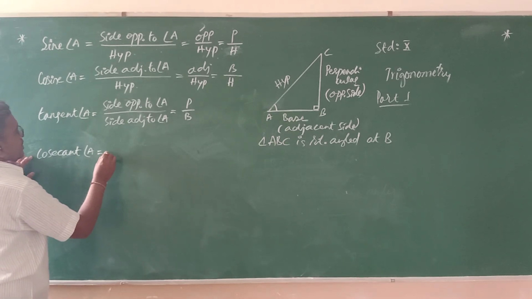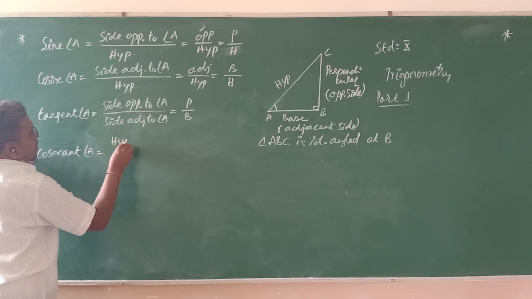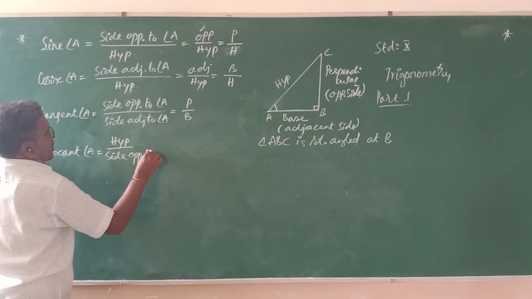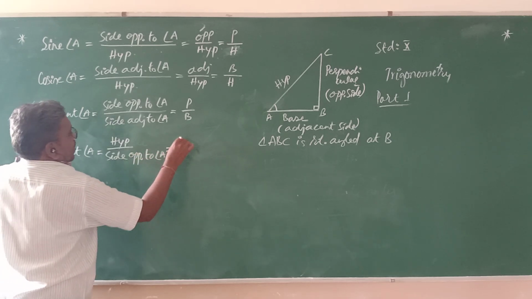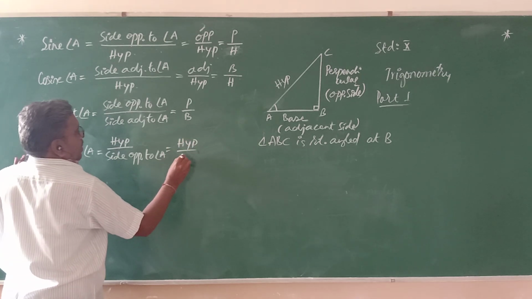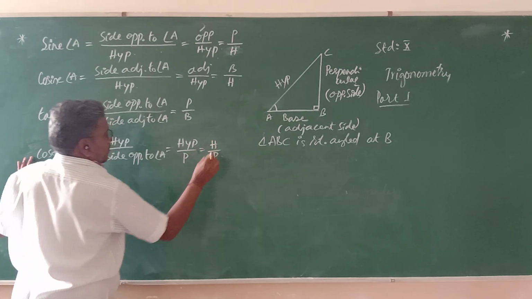Cosecant of angle A is hypotenuse divided by the side opposite to angle A. It means hypotenuse by side opposite, hypotenuse by perpendicular, means H upon P.